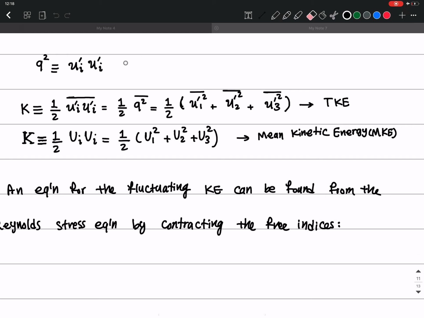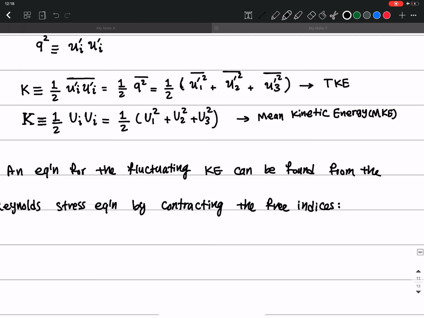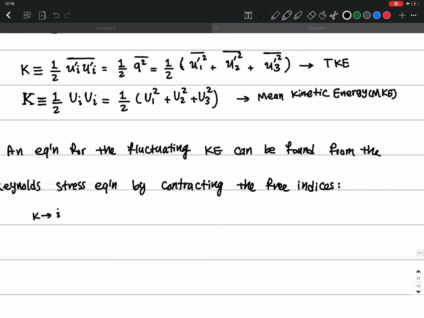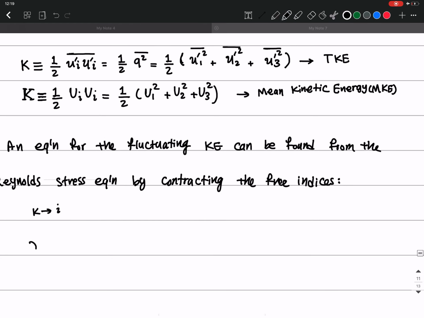So we set k to i, and we get this equation: partial u prime i bar over partial t plus Uj partial over partial xj of u prime i bar. This is the left hand side.